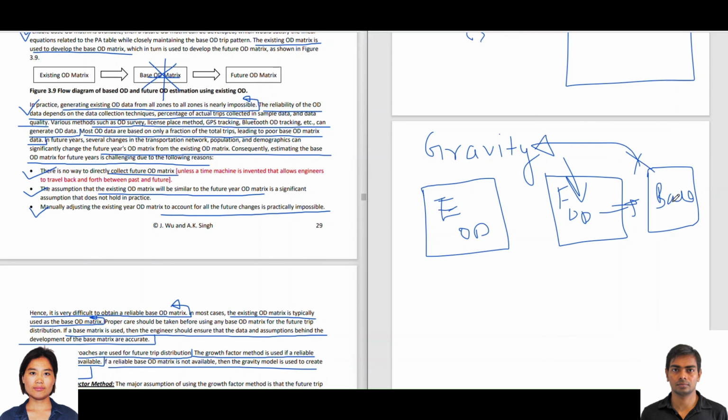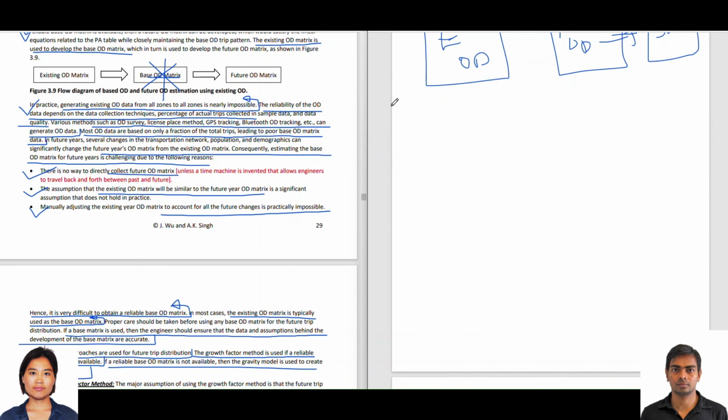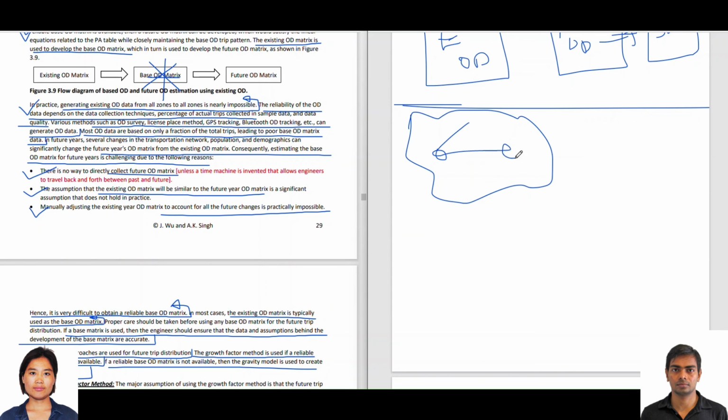The gravity model does not require any base OD. It actually does not require even the existing OD. It just takes the future trip patterns. You just look at what is happening in the future and estimate where trips will go, irrespective of how the existing trip pattern is. So the gravity model is kind of skipping some of the steps.